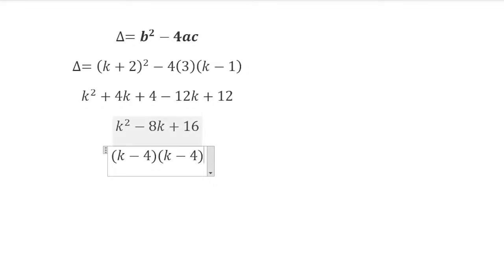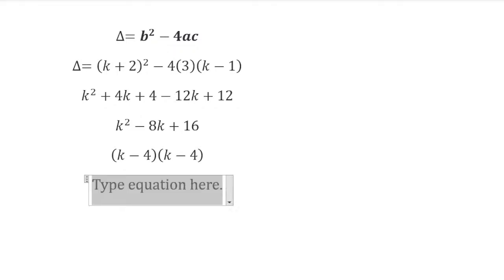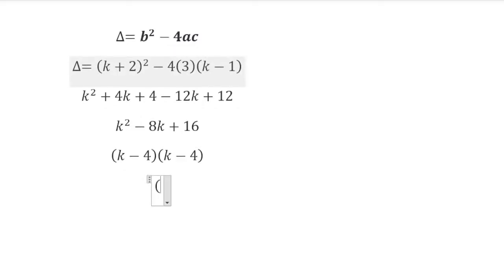So this is how we're going to factorize it. Remember, if the last term is positive, we have to add the factors of the last term to get the middle term. So factors of 16 that will give us 8 are 4 and 4, right? We take the sign of the middle term, and we can write this as k minus 4 all squared.